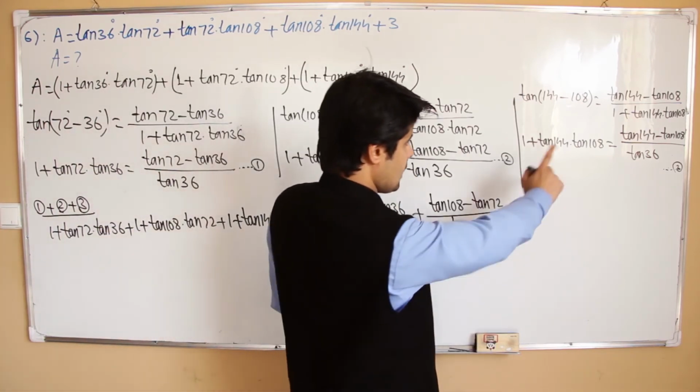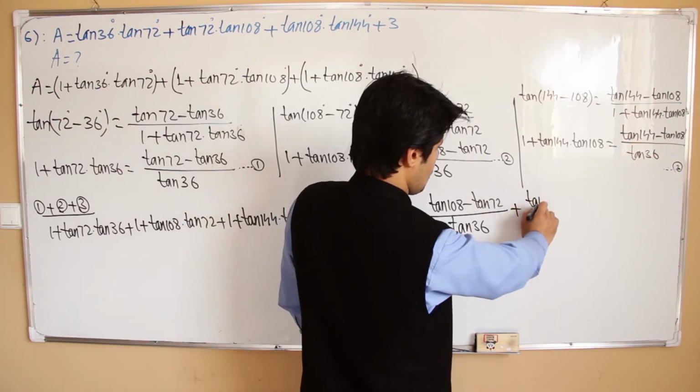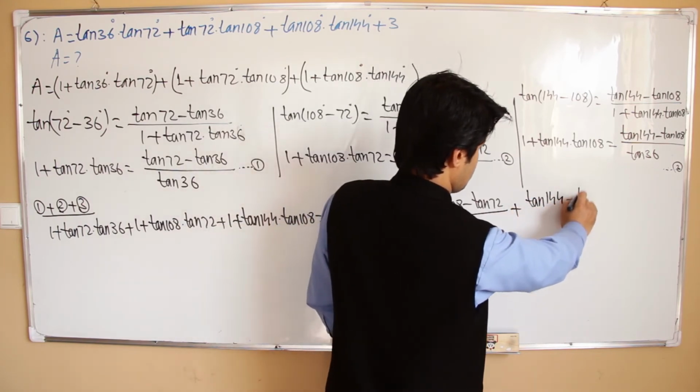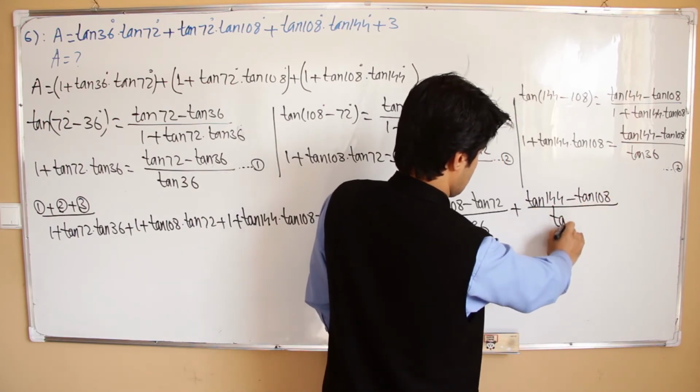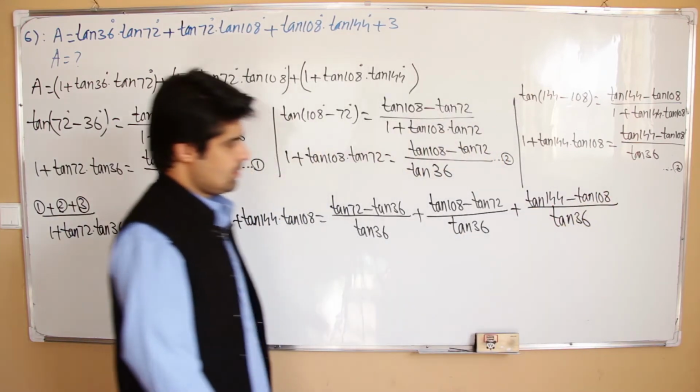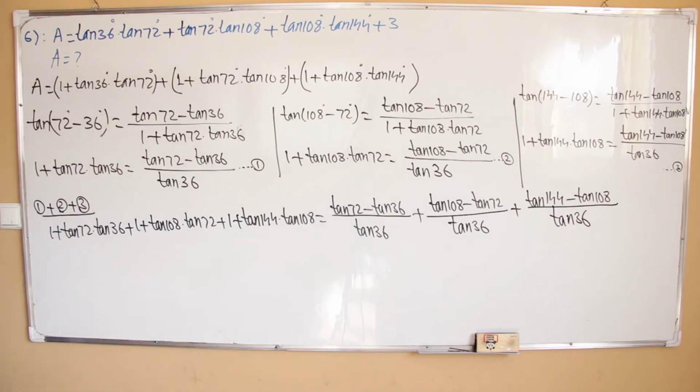Okay, the next one, tangent 144 minus tangent 108 divided by tangent 36.